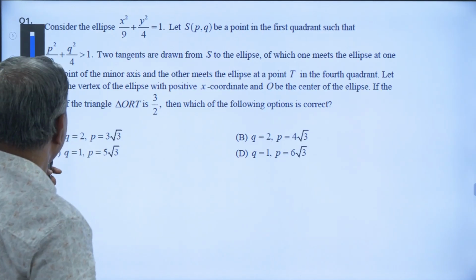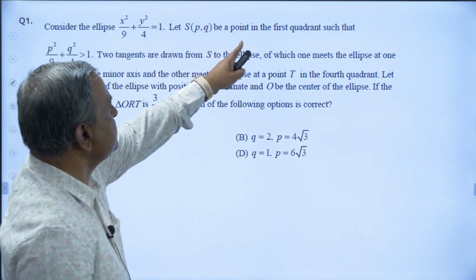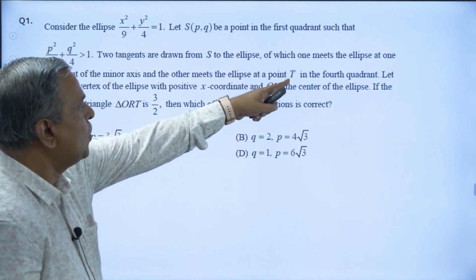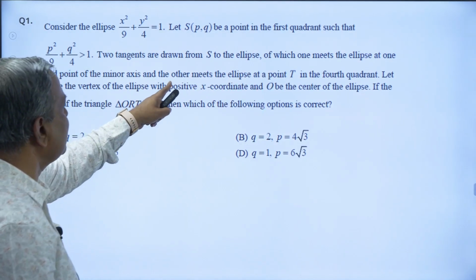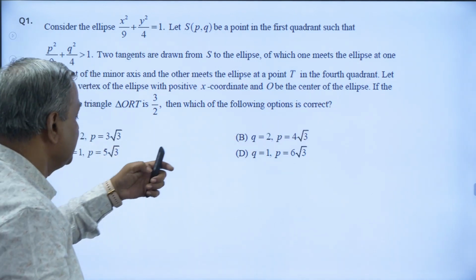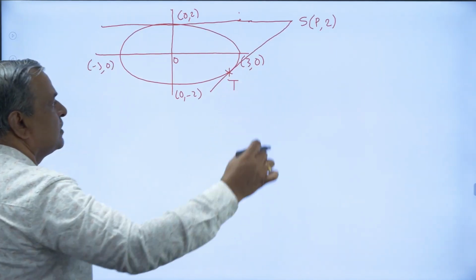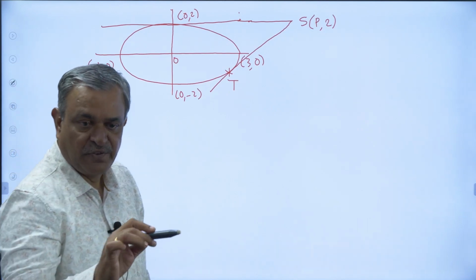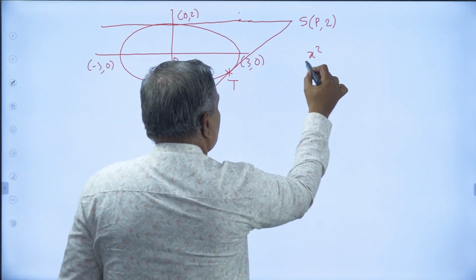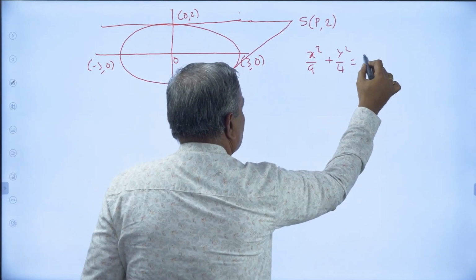See what is given to us. Two tangents are drawn from S, one meets the endpoint of the minor axis, the other meets the ellipse at T in the fourth quadrant. That is the reason we have drawn T in the fourth quadrant. You don't read further. What is the parametric form of the ellipse x square upon 9 plus y square upon 4 is equal to 1?